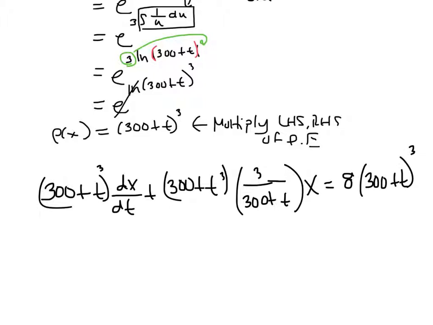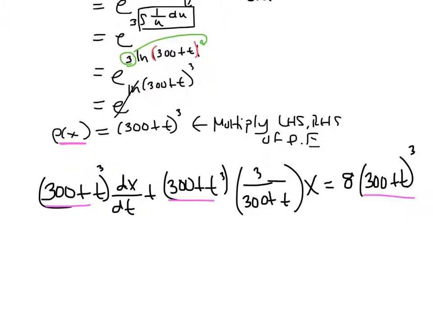Notice I multiplied my integrating factor to the left and to the right-hand side of the differential equation. And normally, after multiplying by the integrating factor, you've noticed that the left-hand side of the equation is the derivative of a specific special product.